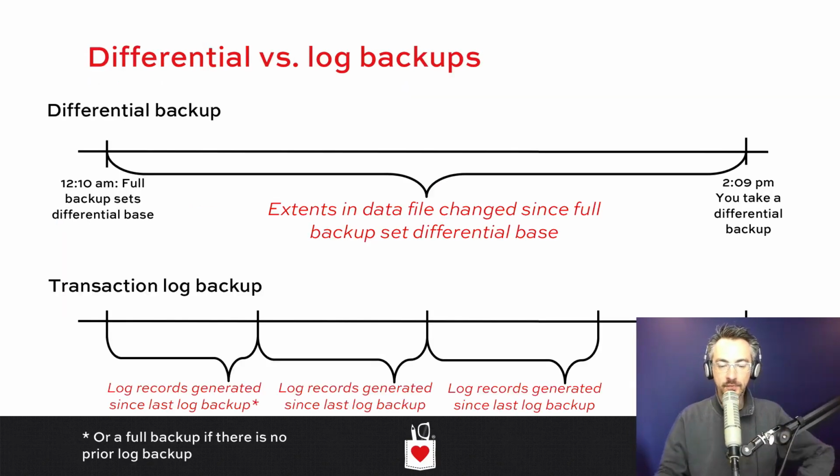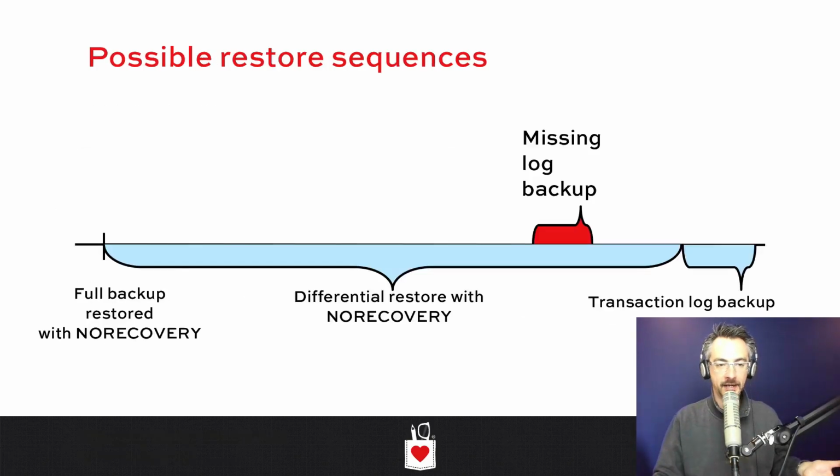Having this differential backup helps me leapfrog past any missing log backups. Here, every night I'm doing a full backup. Then I had a whole bunch of log files, but I was missing one. I'm able to jump right past it and then continue applying additional transaction logs.